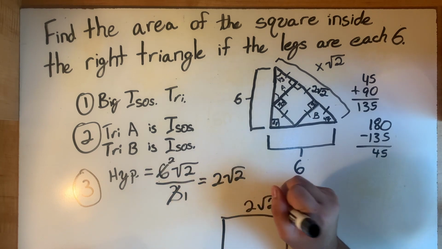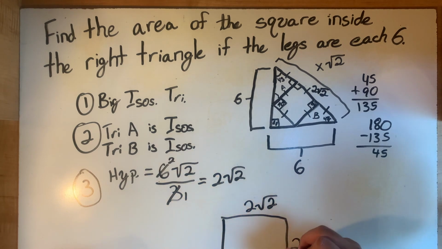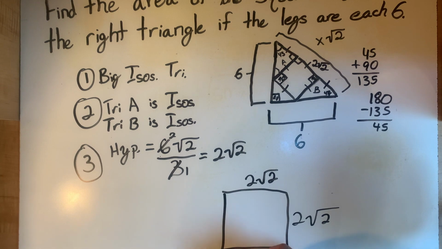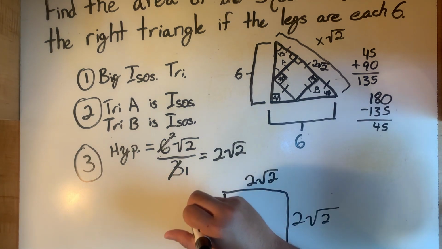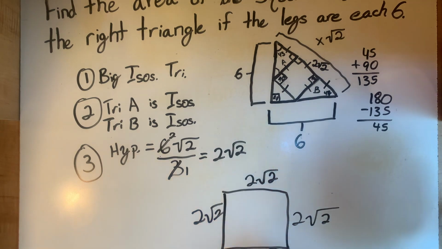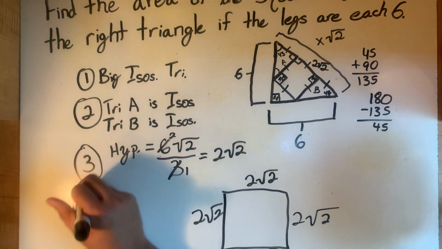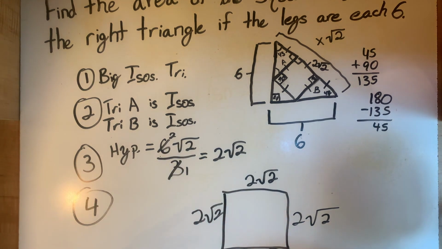And we have that, which means we also have this, which means we also have this, which means we also have this. And so this is step 4. I'm sure you know how to solve the area of the square, but if you don't, it's one side times the other side.